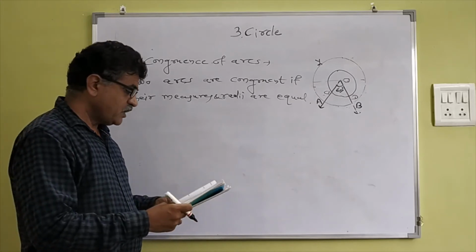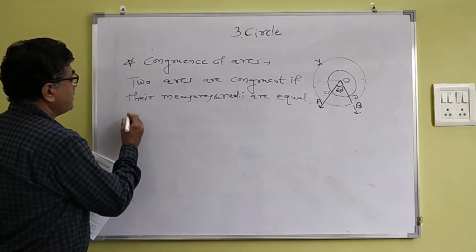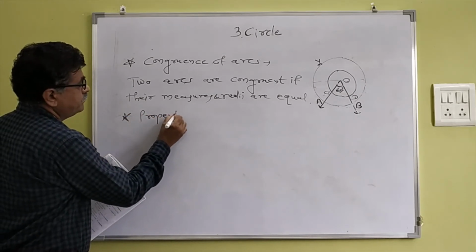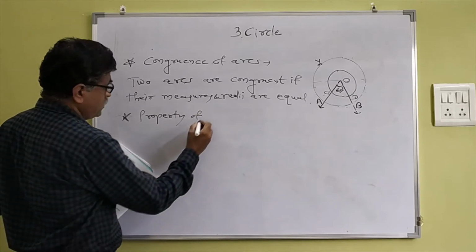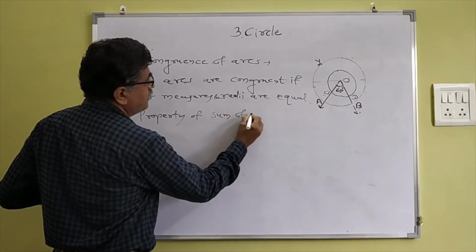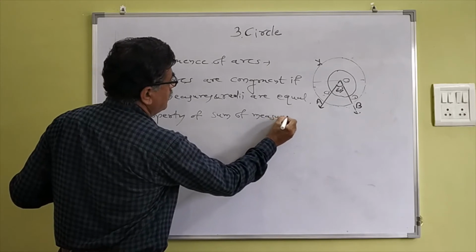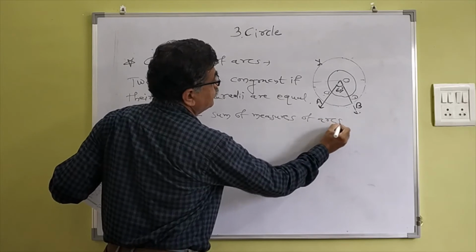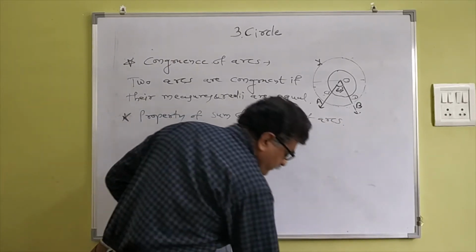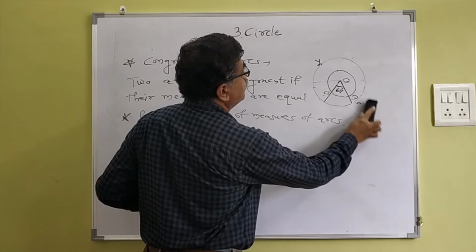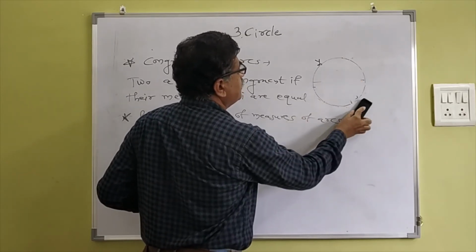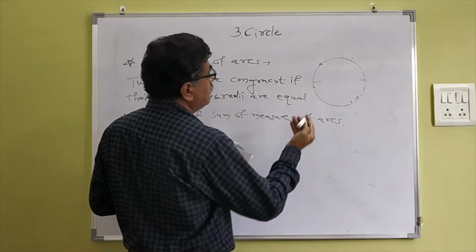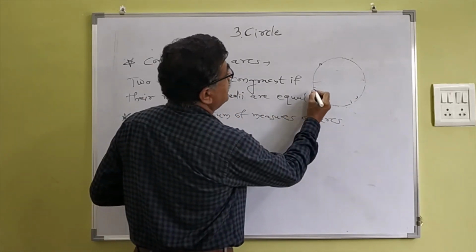Next point, property of sum of measures of arcs. Now in this circle we take concyclic points.